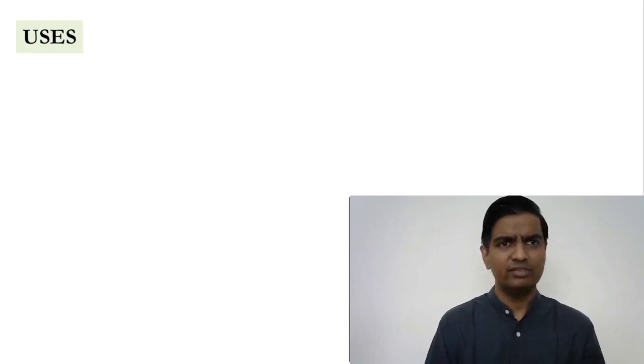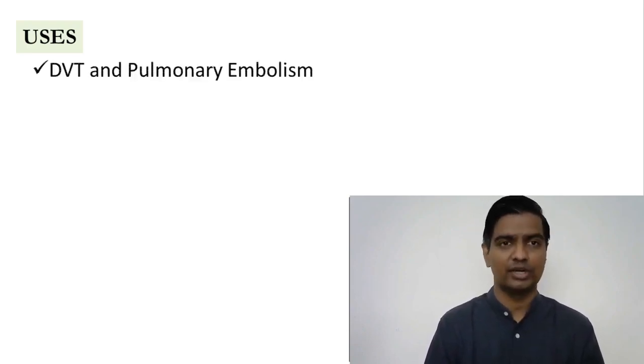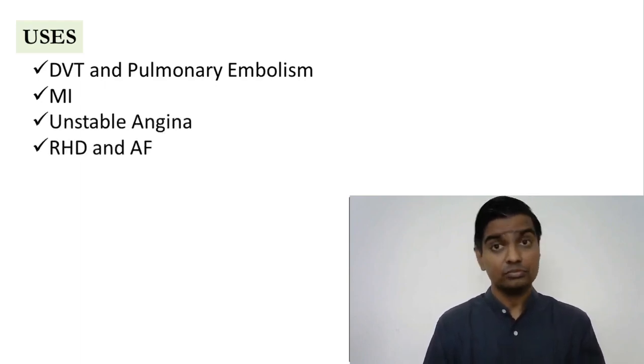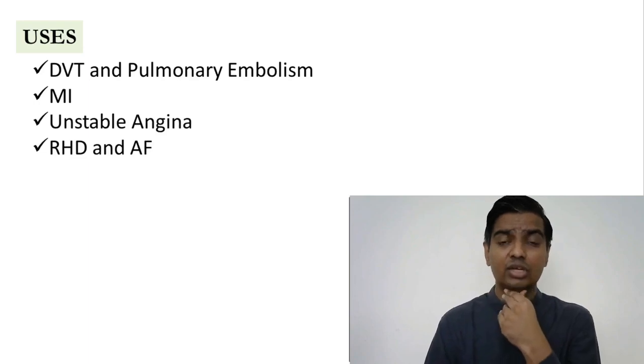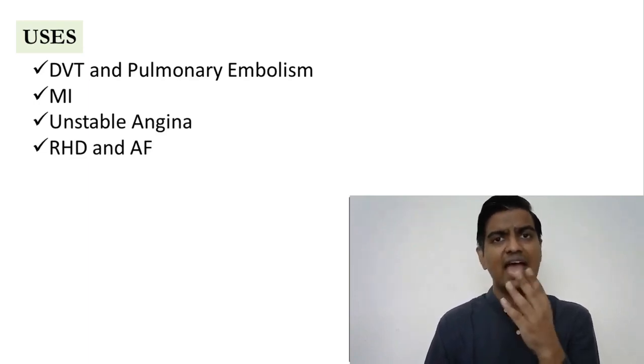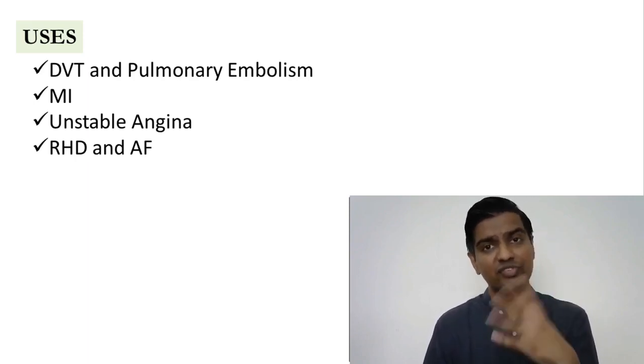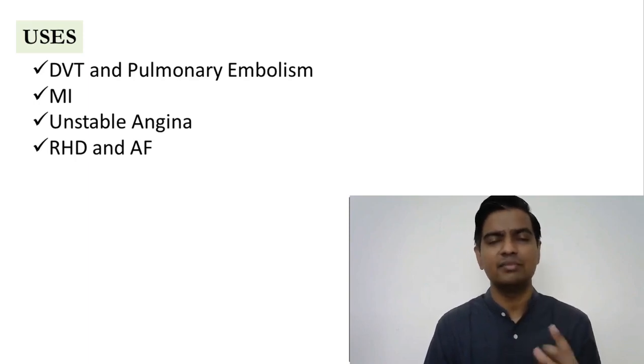Now, where will we give this? Why would we love to give a medicine that causes bleeding? No, we are not giving a medicine that causes bleeding. We are trying to give a medicine that decreases clotting, such as in case of DVT and pulmonary embolism. We want to decrease the clotting. So we give this particular medicine. Myocardial infarction, unstable angina. Heck, we can even give it in cases of rheumatic heart disease and atrial flutter and atrial fibrillation. See, in atrial fibrillation, the heart is beating so fast that it's really not contracting and relaxing properly.